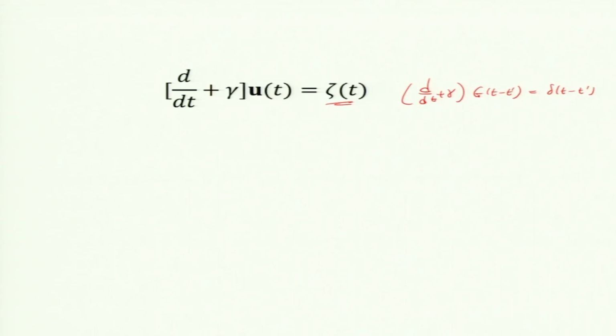By the way, we are using this Fourier transform: f of t is the integral of f of omega e to the power minus I omega t d omega.